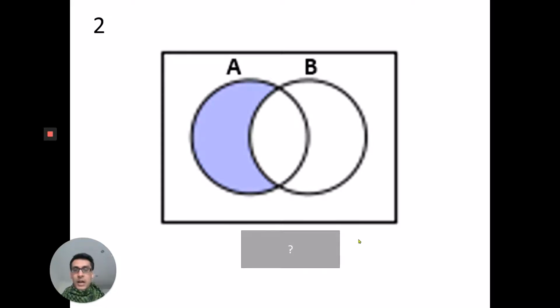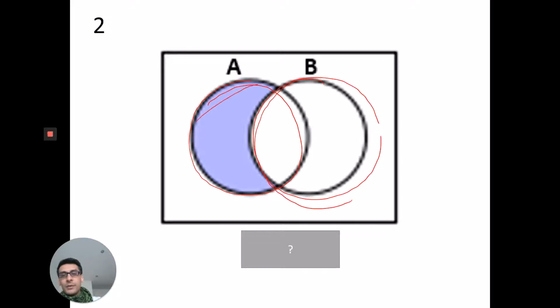Okay, question 2. How can we represent this area? Pause the video if you need to. Okay, so going through this now, I can see I've shaded in A, but then I've taken away B, and I'm left with this part here.